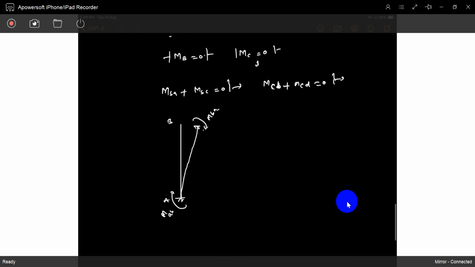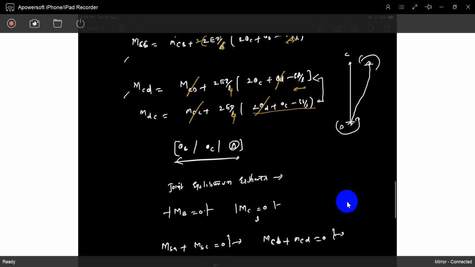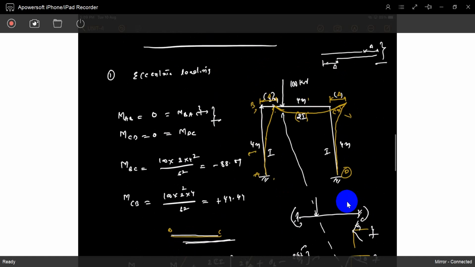Just see it. It has a delta, which we don't require. Observe it: it experiences sway. It is tilting towards right or left, we don't know. But compulsorily it experiences a horizontal force at the support.